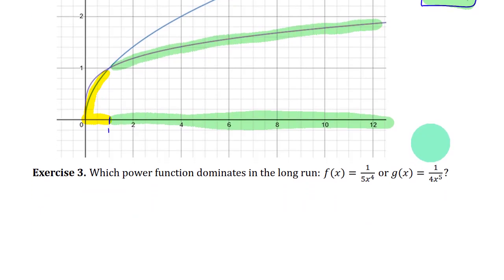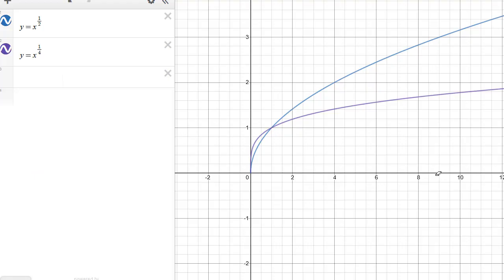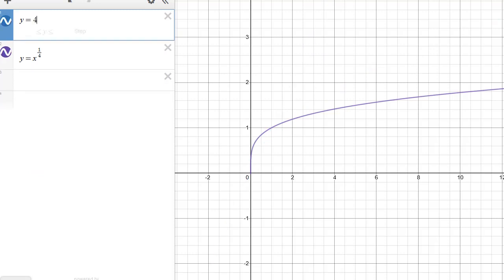Okay, so for exercise 3, which power function dominates in the long run: 1 over 5 times x to the fourth, or 1 over 4 times x to the power 5? So let's graph these.